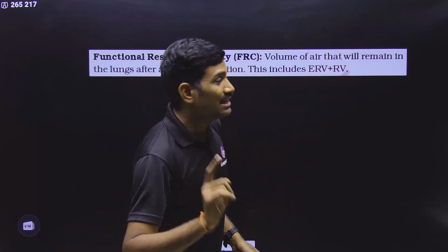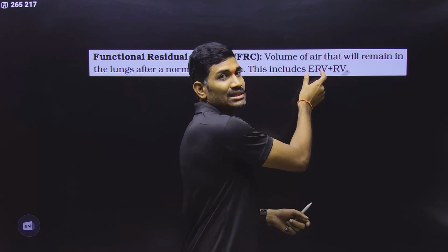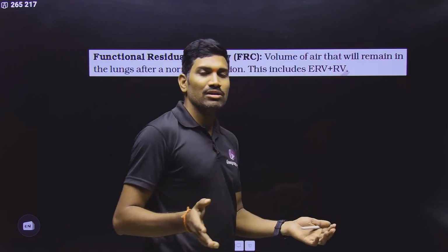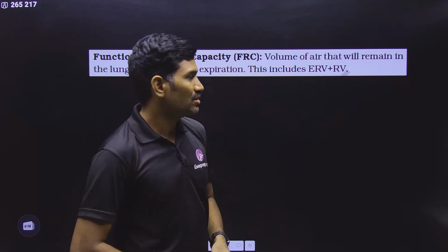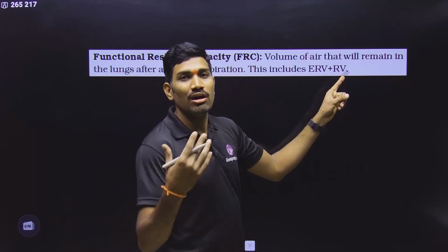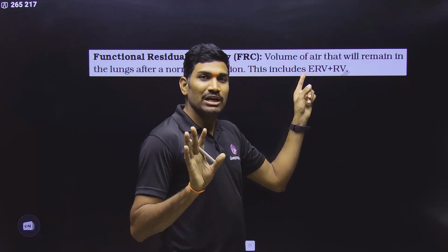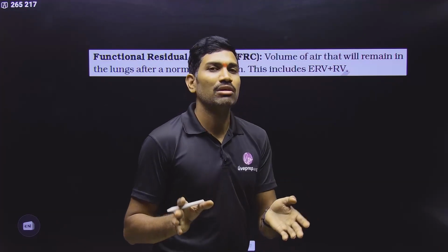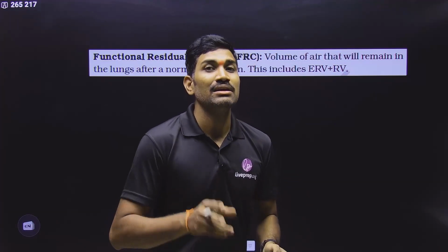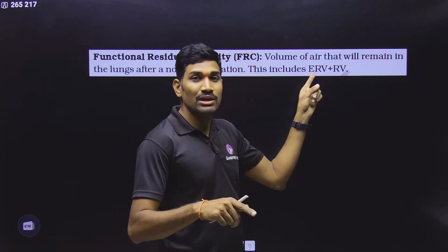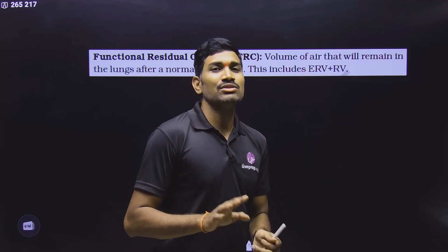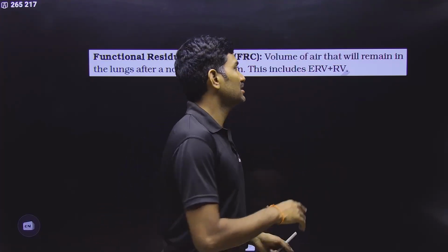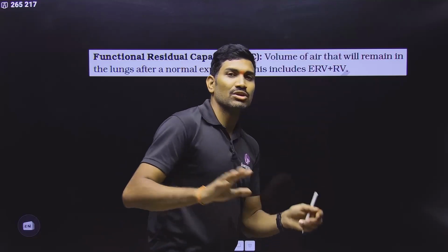But until then, it is also present in the lungs. Residual volume is always present in the lungs, and expiratory reserve volume is also almost always present in the lungs, but it comes out only when we do forced expiration. Since we are not regularly doing forced expiration, both of them are generally present together.